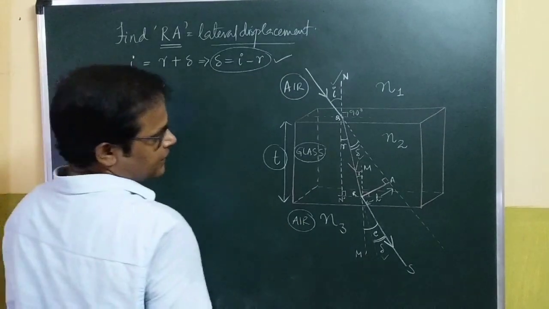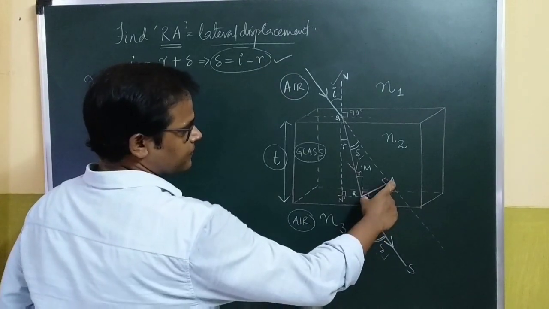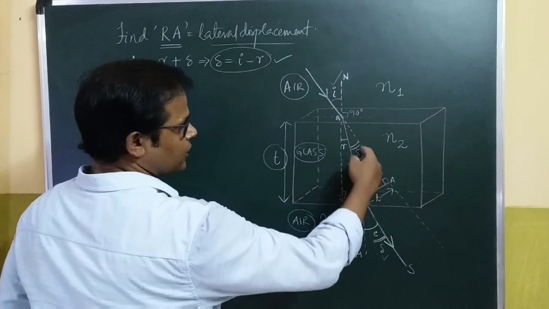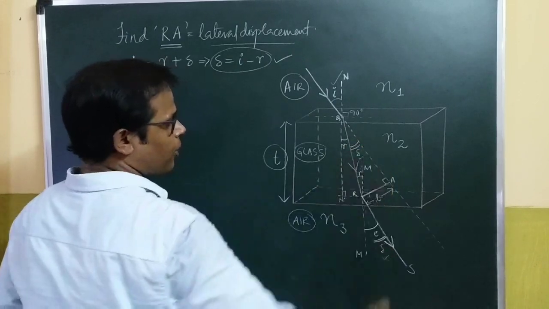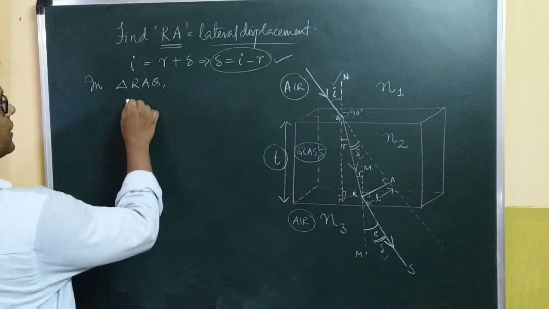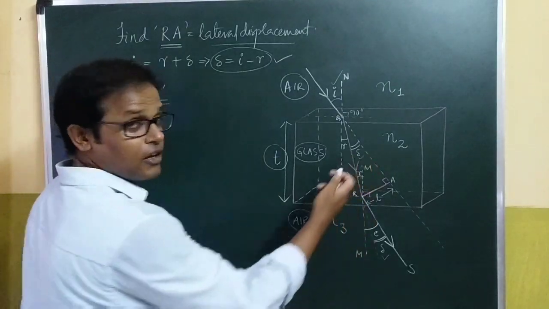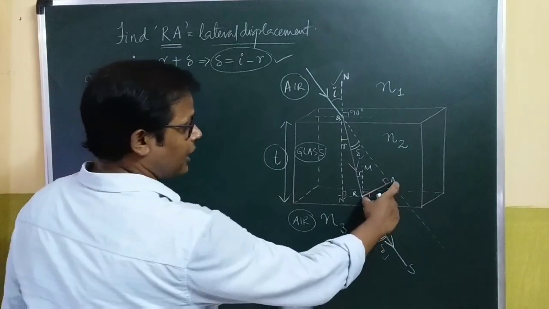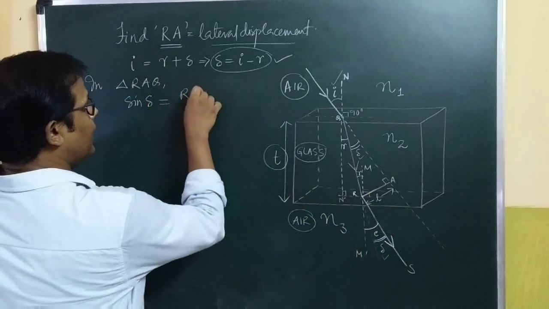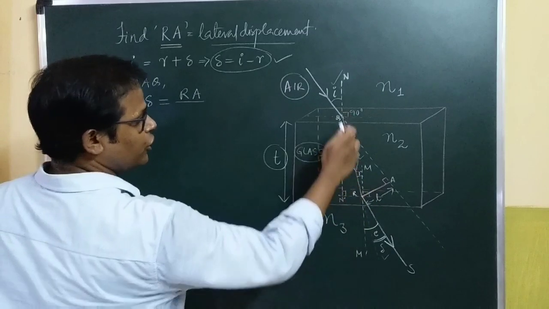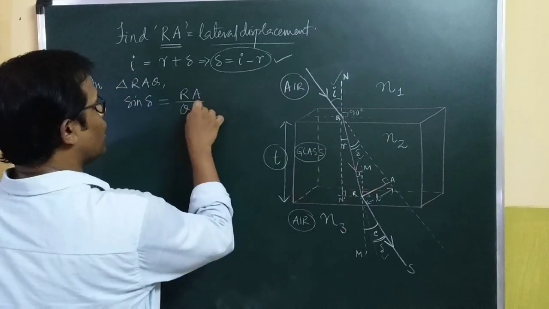I don't know both of the other sides, so this is perpendicular by hypotenuse, so let us try that. Write sine of delta here. If I write sine of delta, I will get the perpendicular RA by the hypotenuse, that is QR.